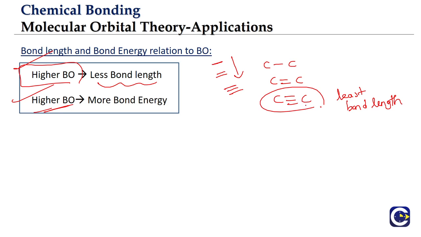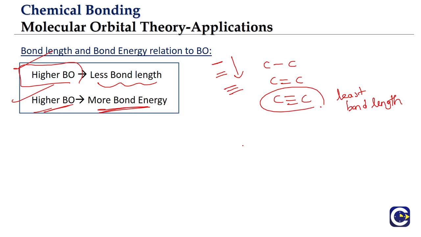If you have a carbon-carbon triple bond, breaking it will require more energy than breaking the carbon-carbon double bond, than breaking carbon-carbon single bond. Wherever the bond order is high, the bond energy or bond enthalpy also will be high.